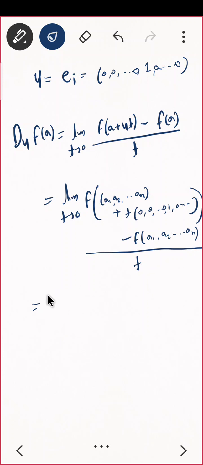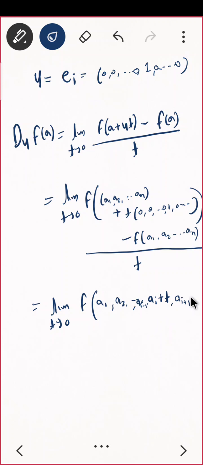What next should you do? This is limit t tending to 0. What will this be? F of, it will be a1 as it is, a2 as it is. At the ith position, that is ai, it will be ai plus t. Do you agree? Because here there is 1, so it will be ai plus t, and others will be as they are. ai plus 1 will be as it is, and before that also ai minus 1 will be as it is, right?